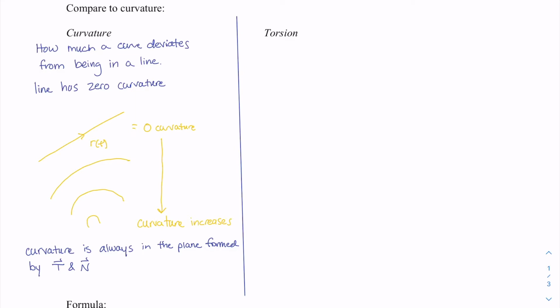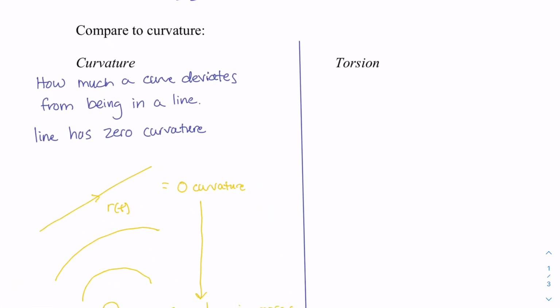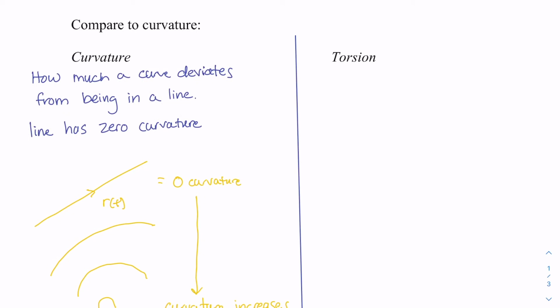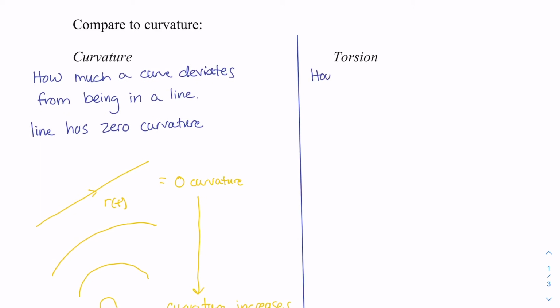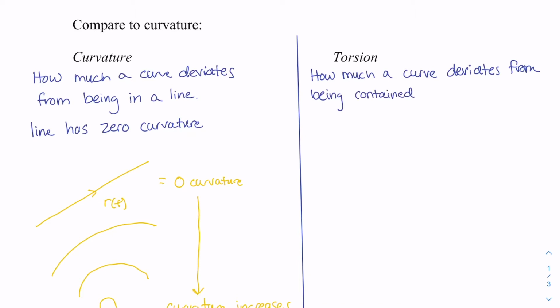And now torsion is kind of like the 3-dimensional extension of this idea. So it's how much a curve deviates from being contained in a plane.